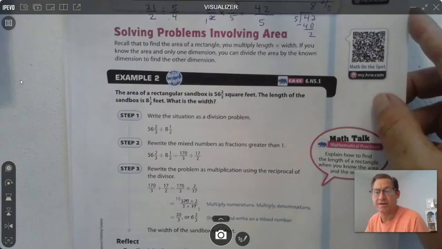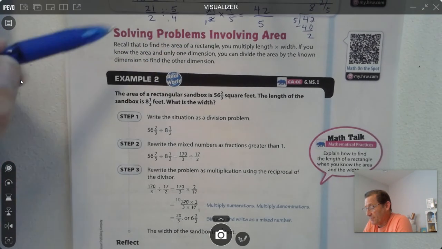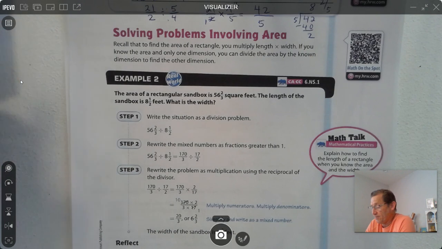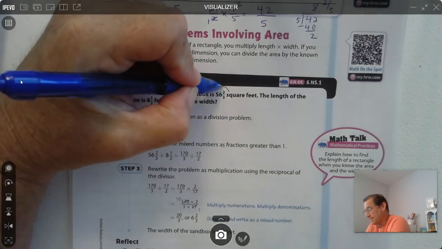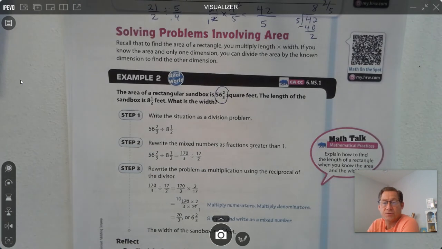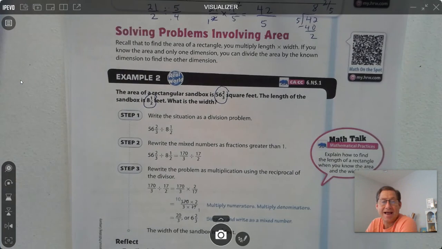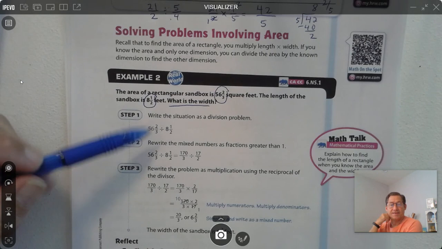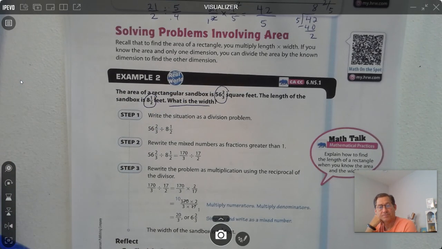All right, solving problems involving area. Well, you'll recall that area is the length times the width, right? So if you know the area and only one dimension, you can divide the area by the known dimension to find the other dimension. So for example, the area of a rectangular box is 56 and 2/3 square feet. The length is 8.5 feet. What's the width? So if we take the area and divide by one of the dimensions, it'll give us the missing dimension.